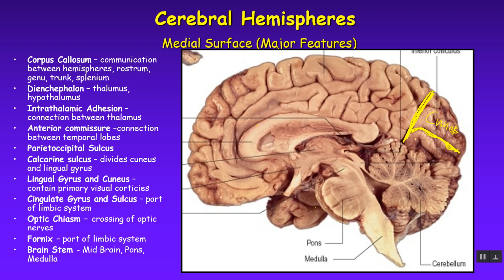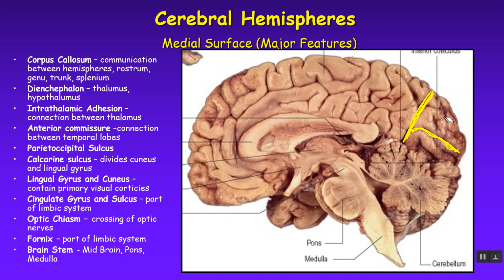And down here, this is the lingual gyrus. Lingual means tongue, tongue-like, and if you look at it, it almost looks like a tongue. You can imagine it as being a tongue, a lingual gyrus. Cuneus has a cuneiform-looking nature, cuneiform, so the cuneus and the lingual gyrus.